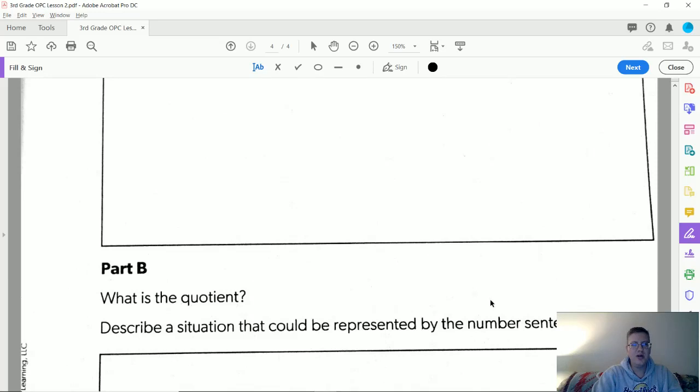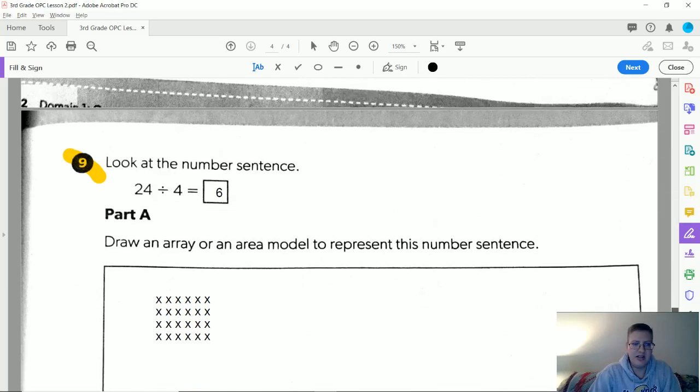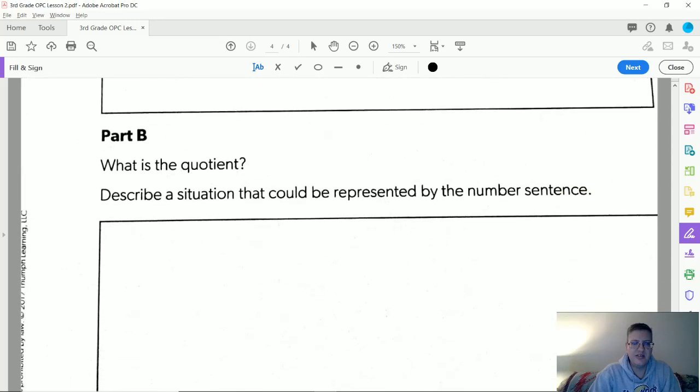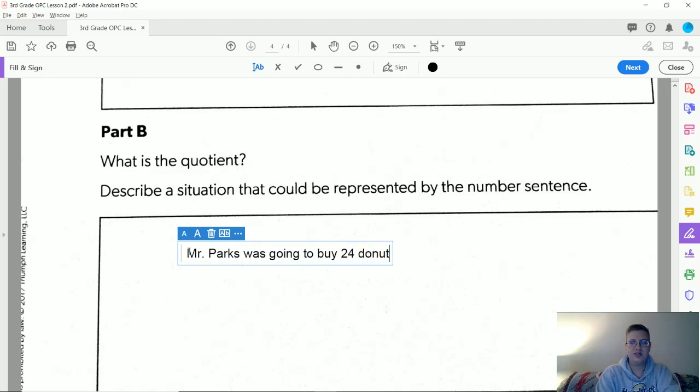Part B, what is the quotient? And it asks you to describe the situation that you might use this. So in a perfect world, I was planning on going by Dunkin' Donuts this morning and picking up donuts for my class. So a situation, Mr. Parks was going to buy 24 donuts at Dunkin' Donuts for his class.